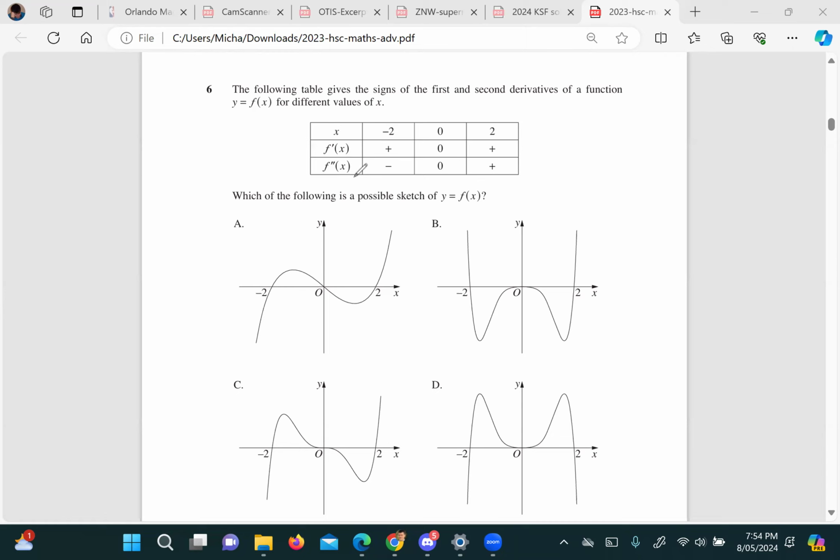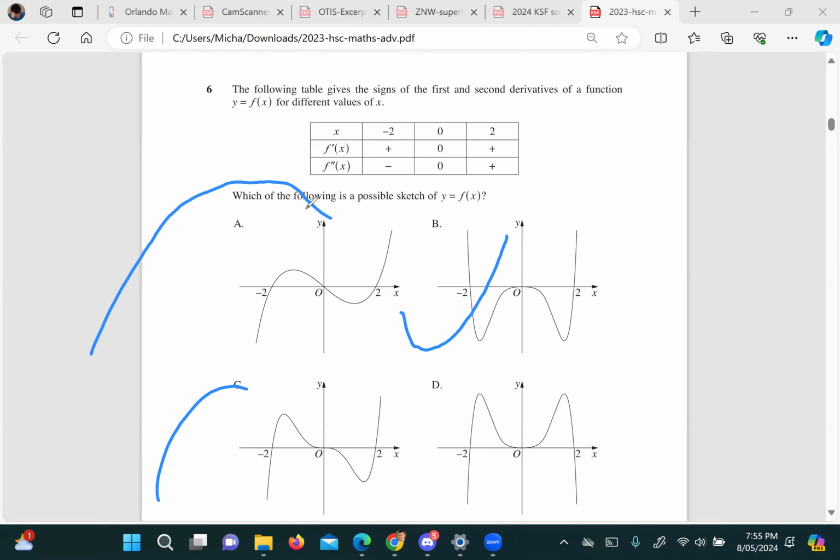Second derivative is talking about the smile or the frown, right? Second derivative negative means it could still be increasing, but it's increasing at a decreasing rate. Second derivative positive means it could even be decreasing, but it's decreasing at an increasing rate.